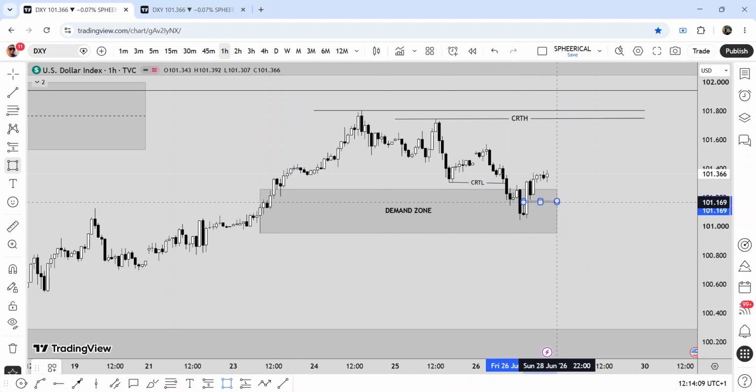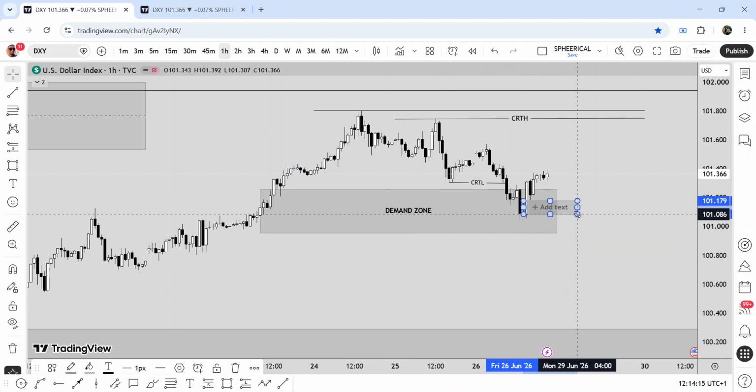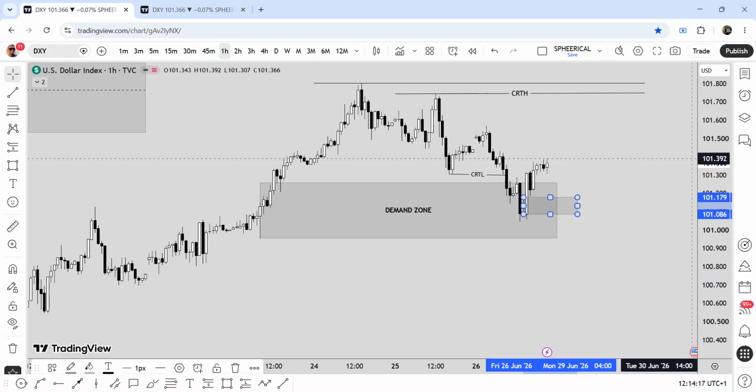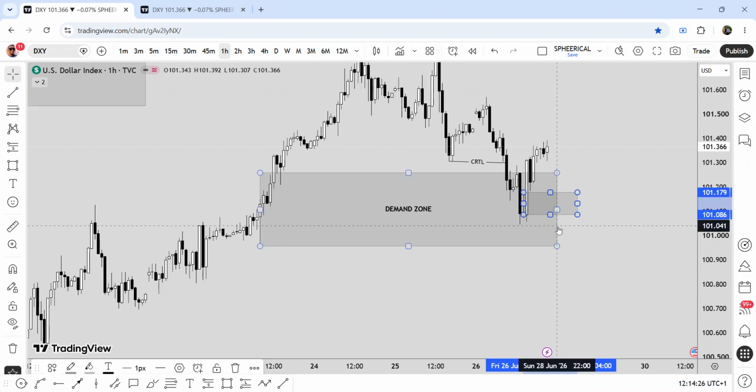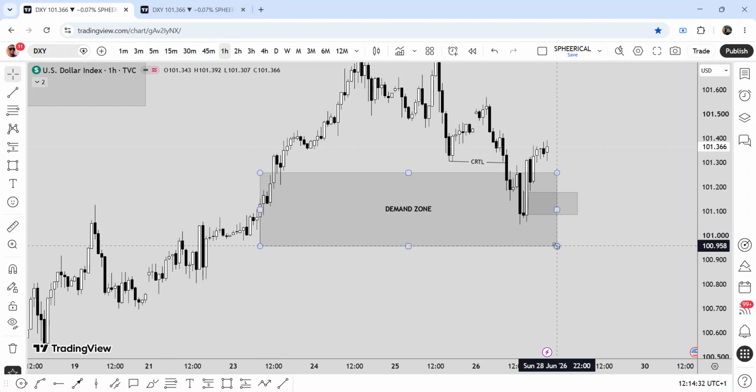Let me mark it out. It's an unmitigated demand zone with a little fair value gap. Let me zoom this clear so that we actually see it better. Let me adjust this too so that you can get what I'm saying.